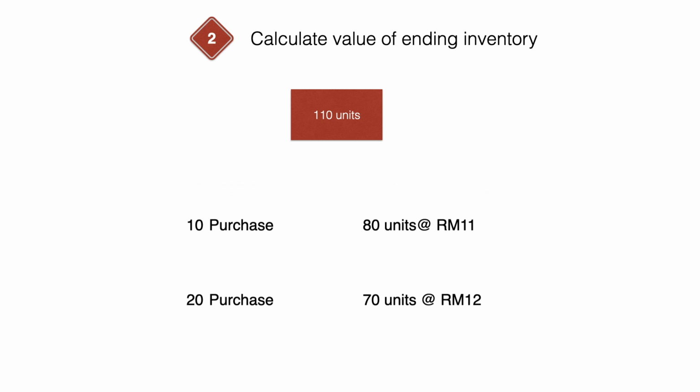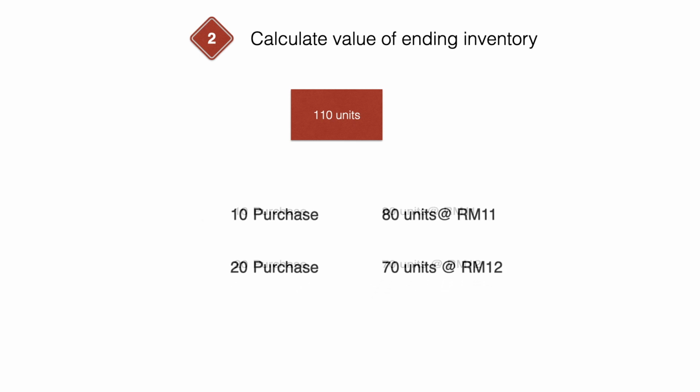We have the 110 units, which we must take from the latest purchases. That is the 20 April purchase, 70 units, and then we move to the previous purchase, 10 April, which is 80 units.